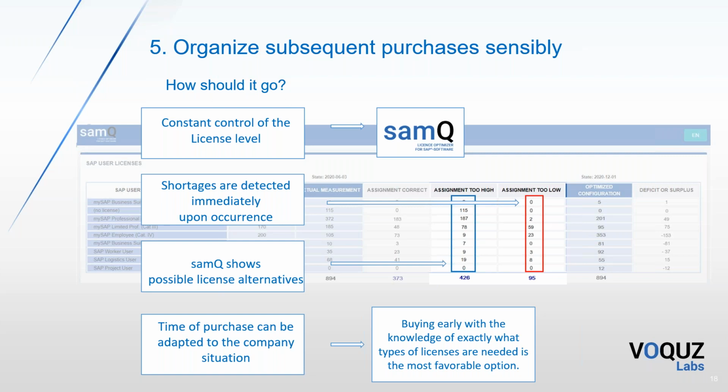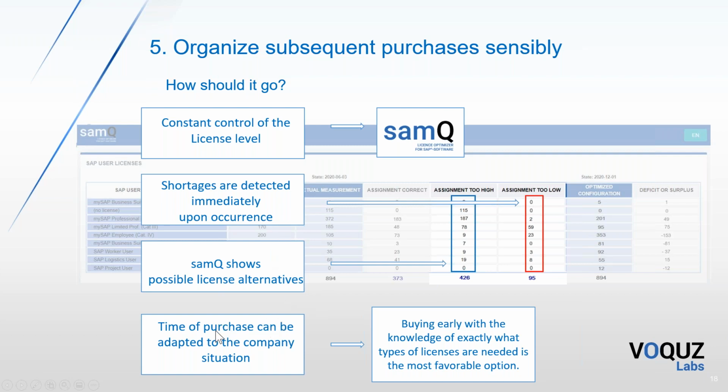So you exchange expensive users for less expensive users, and you can do this exchange once a year. Now, if we assume that for one wrong user license, you could get 20 right user licenses, understanding these possible license alternatives means a lot of money.